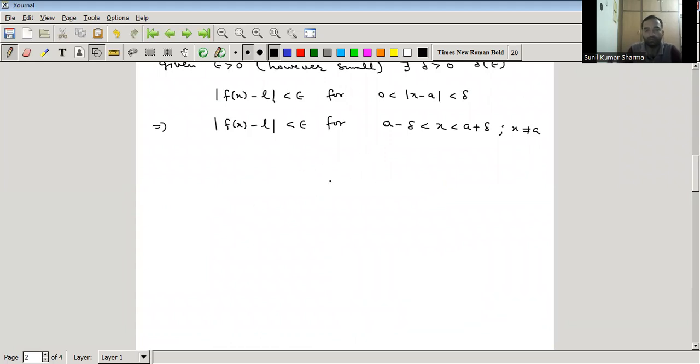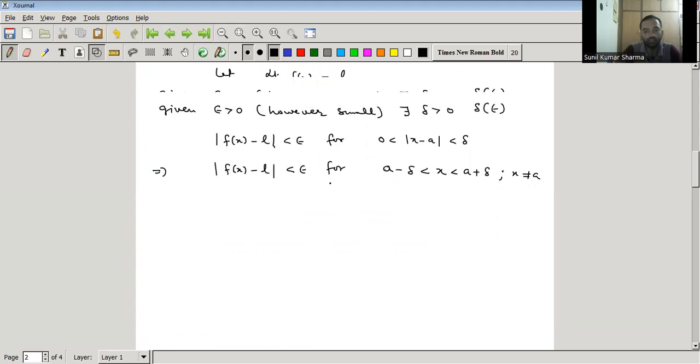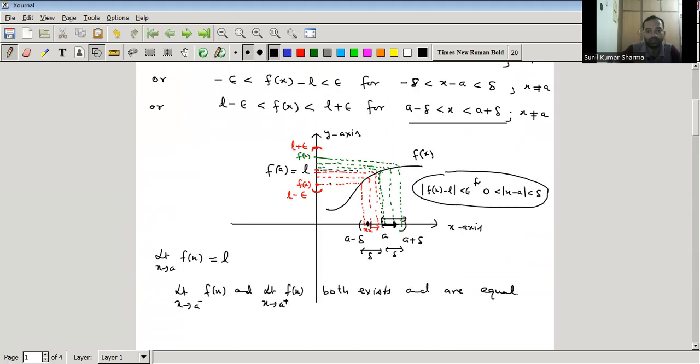If the limit exists, whether you take x to be here, or here, or here: for x from a minus delta to a, the distance between f(x) and L is less than epsilon.